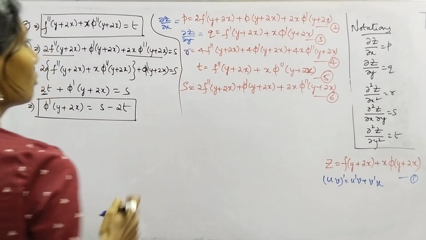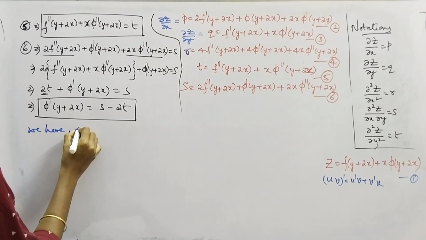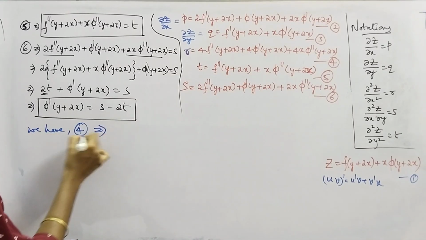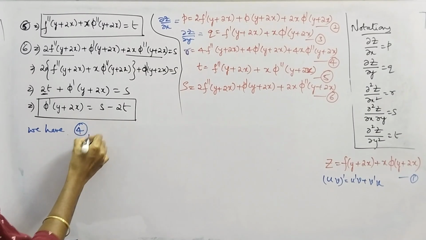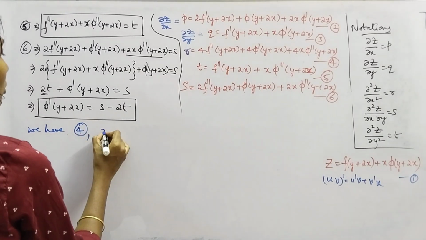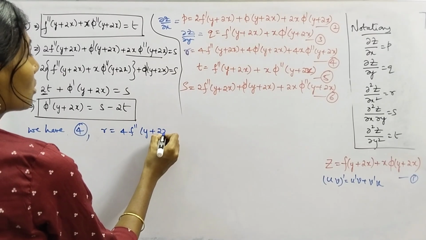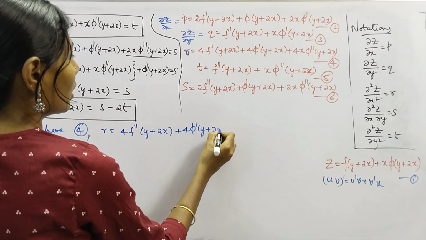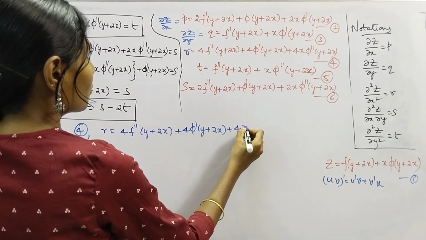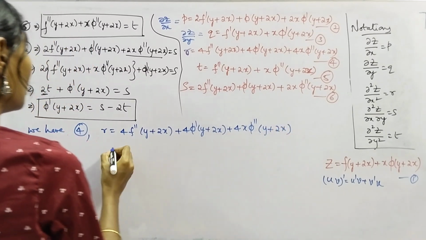Now pick equation 4. We have r equal to 4 f'' of (y + 2x) plus 4 φ' of (y + 2x) plus 4x φ'' of (y + 2x).